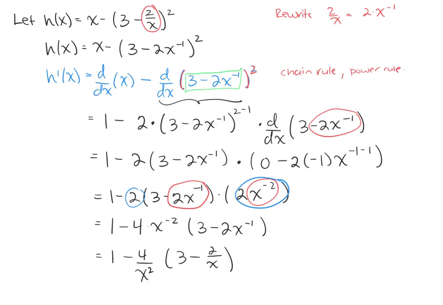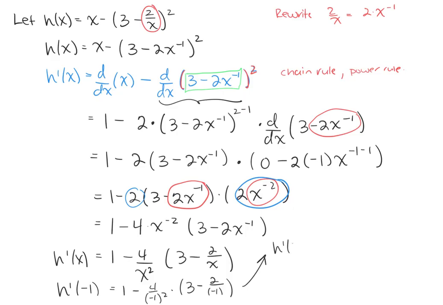And then now I've got the derivative function. So let's go ahead and evaluate this for when x is negative 1. I'm just going to plug in negative 1 anywhere I see x. So I've got 3 minus 2 over negative 1. I'm running out of space here.